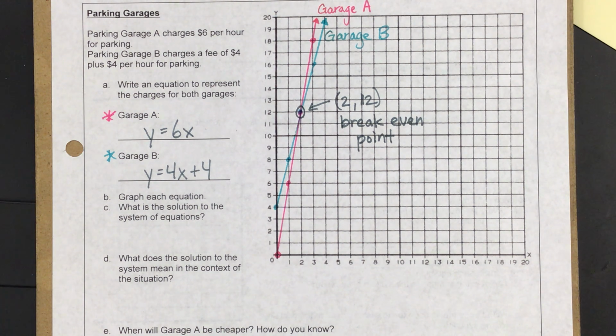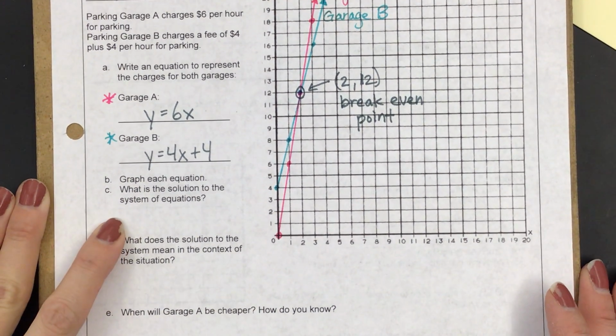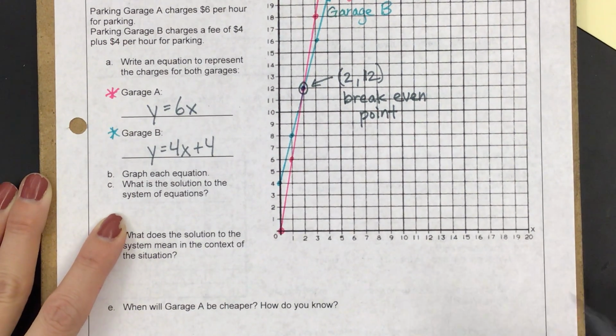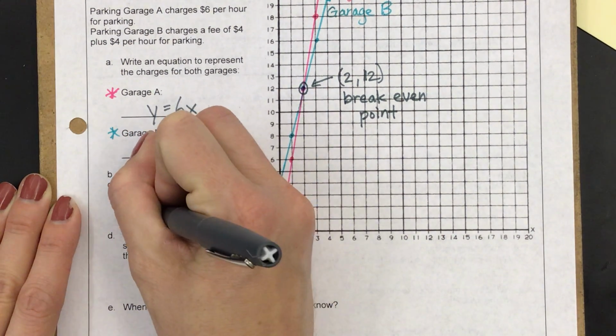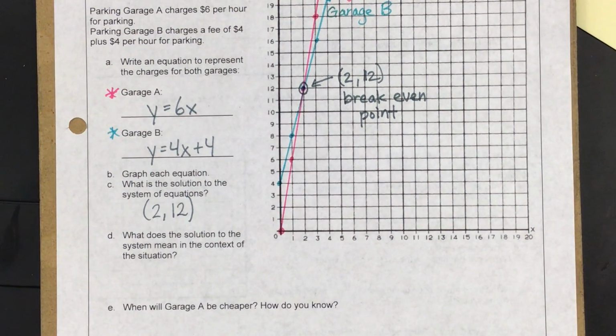So now that we've graphed it and we have the solution, we're going to interpret what we see on our graph. So first of all, for part C, it says, what is the solution? The solution is (2, 12). But for a real world problem, that has some meaning.